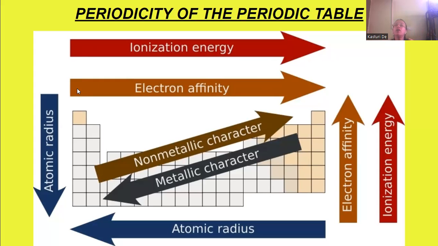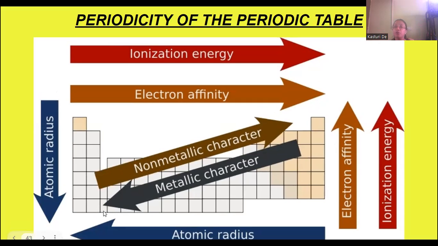Electron affinity, that is attraction towards electrons, the tendency to gain electrons, also increases while we move from left to right. Atomic radius increases when we move from top to bottom. See the arrows, just follow the arrows, that will help you in identifying the characteristics of the elements of the periodic table.